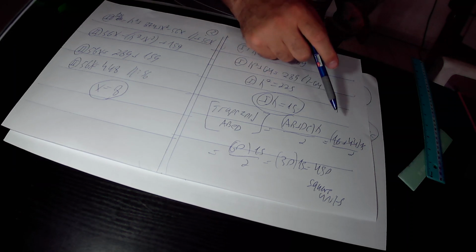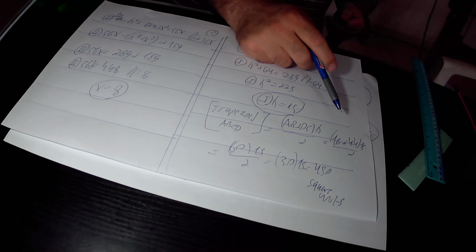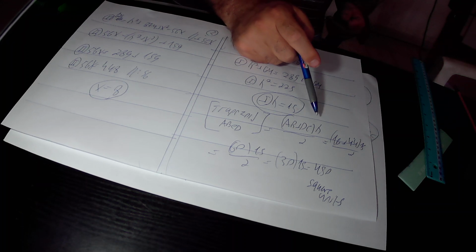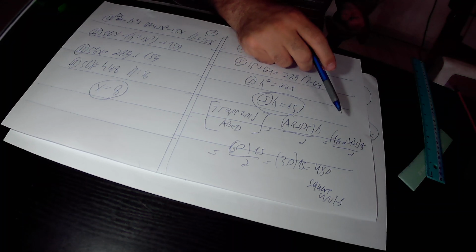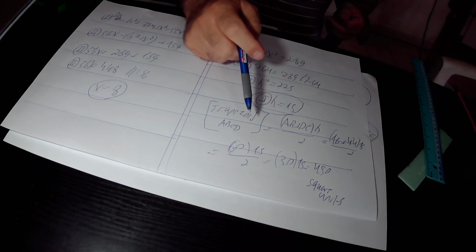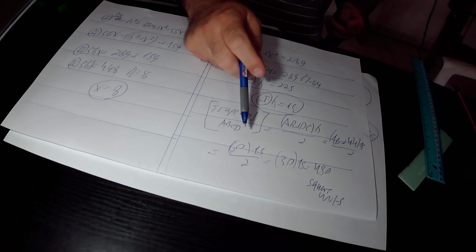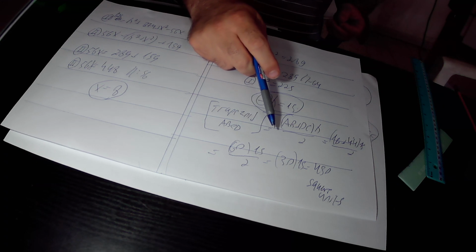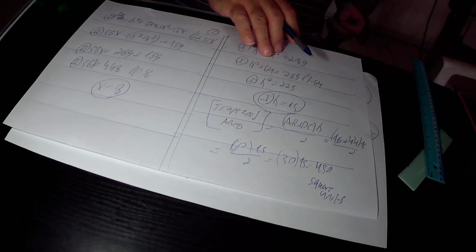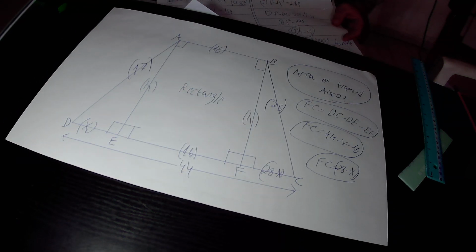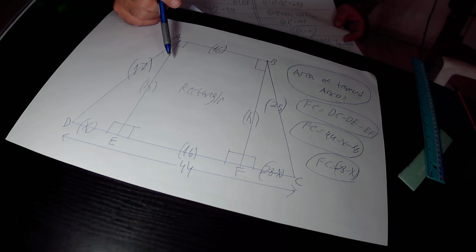So AB is 16, DC is 44, the height h is 15, divided by 2. 16 plus 44 is 60, times h, that is 15, divided by 2. 60 over 2 is 30, so this expression is equal to 30 times 15, that is 450. So the area of this trapezoid ABCD is equal to 450 square units.